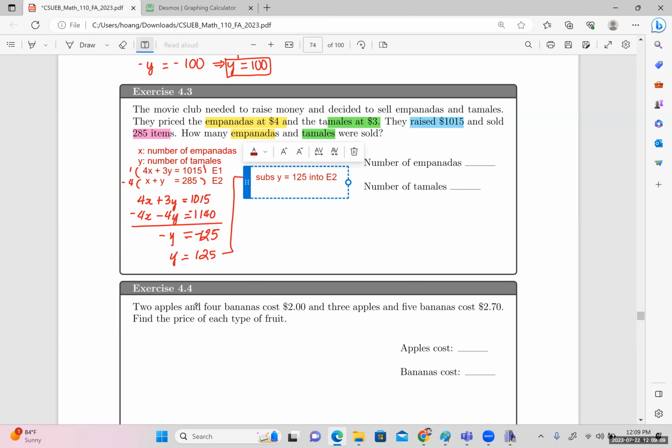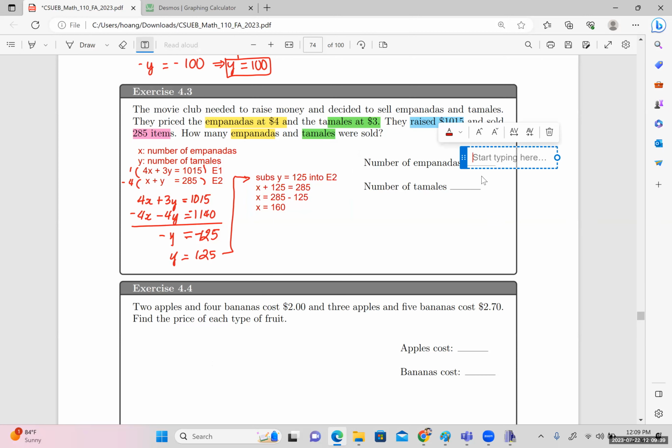So we're going to have x plus 125 equal to 285, and then x equal to 285 minus 125, so x equal to 160. So the answer for the number of empanadas is 160, and for tamales it will be 125.